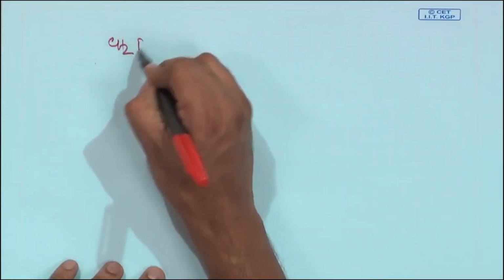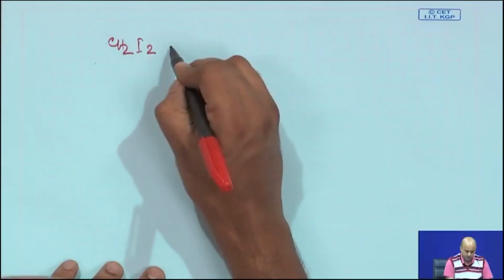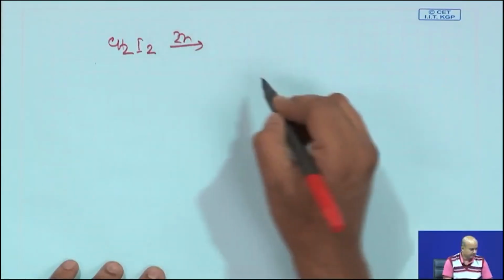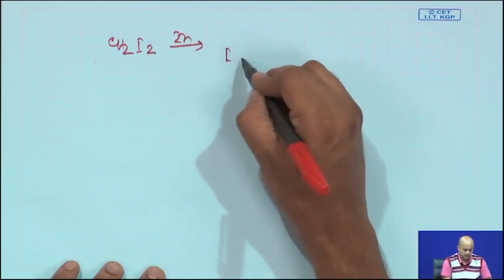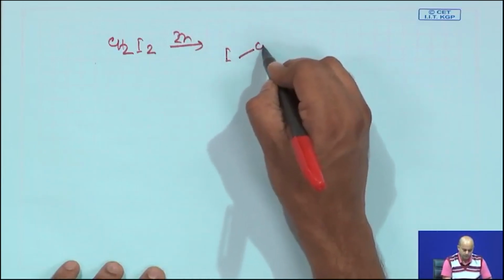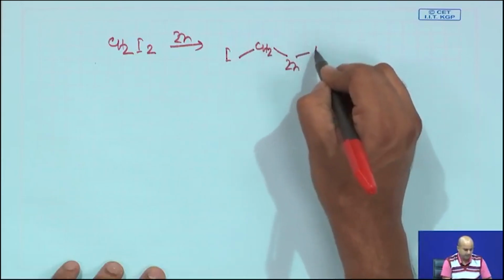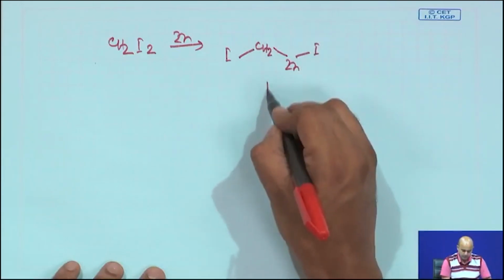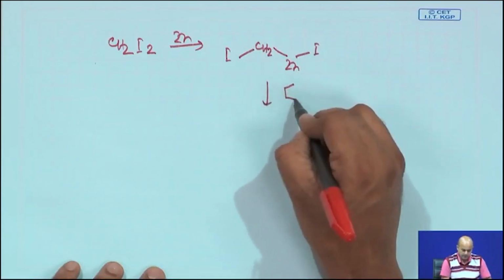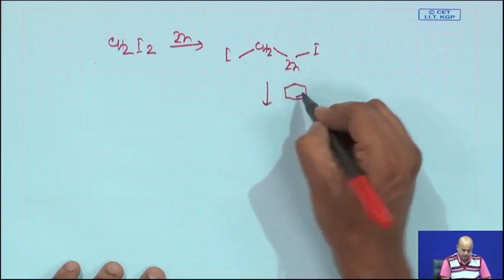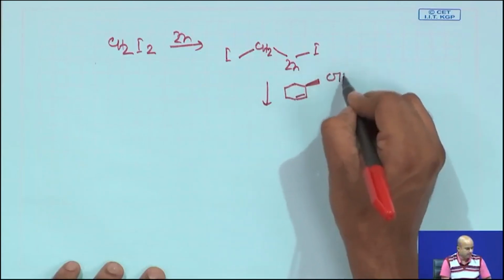For the Simmons-Smith reaction, the reagent system is CH2I2 and you react it with zinc. It basically gives you a zinc carbenoid species whose structure is ICH2ZnI, this carbenoid. Now, initially this carbenoid reacts with this alcohol, which is the starting material.